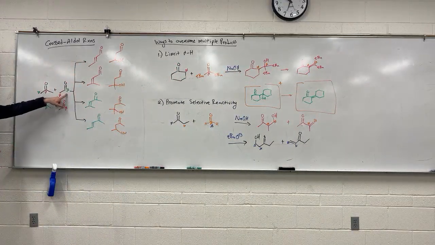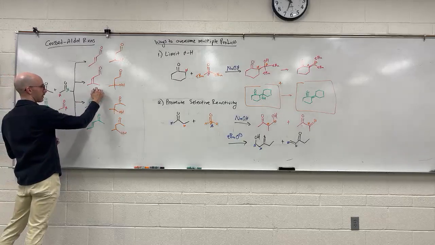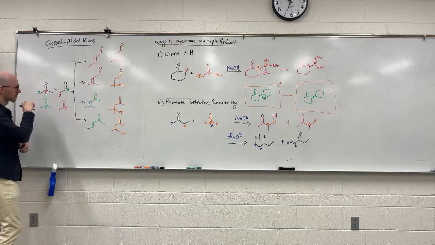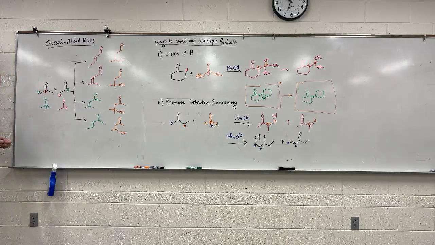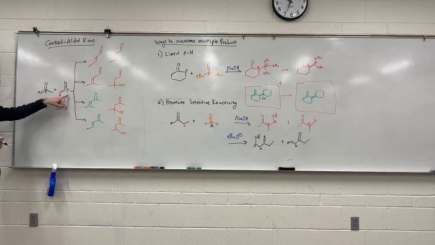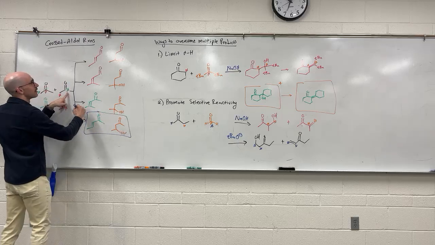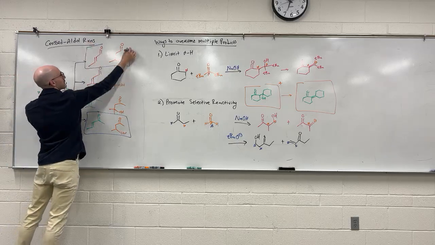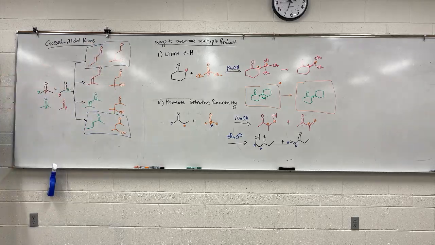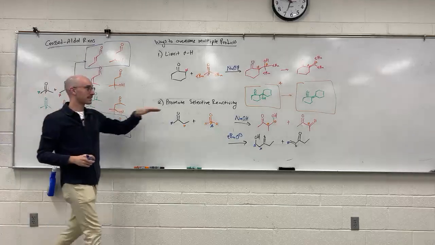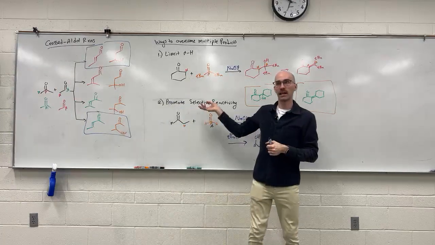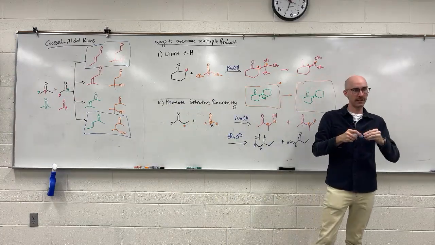When the aldehyde is attacked, these products. Did I not do a good job of labeling this? Here, when we attack the aldehyde and when the aldehyde attacks itself, those products are more likely to form because that is selective reactivity. The aldehyde is more reactive than the ketone.